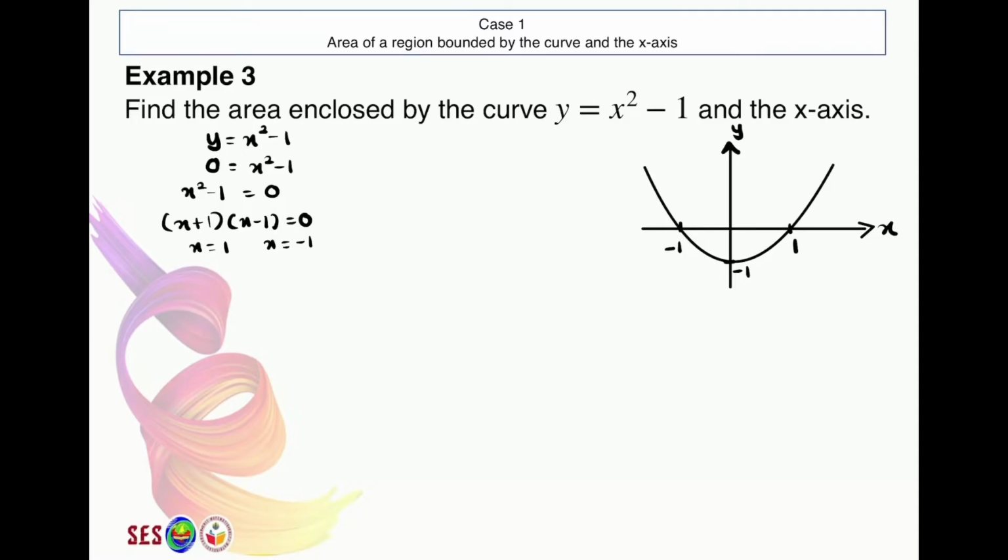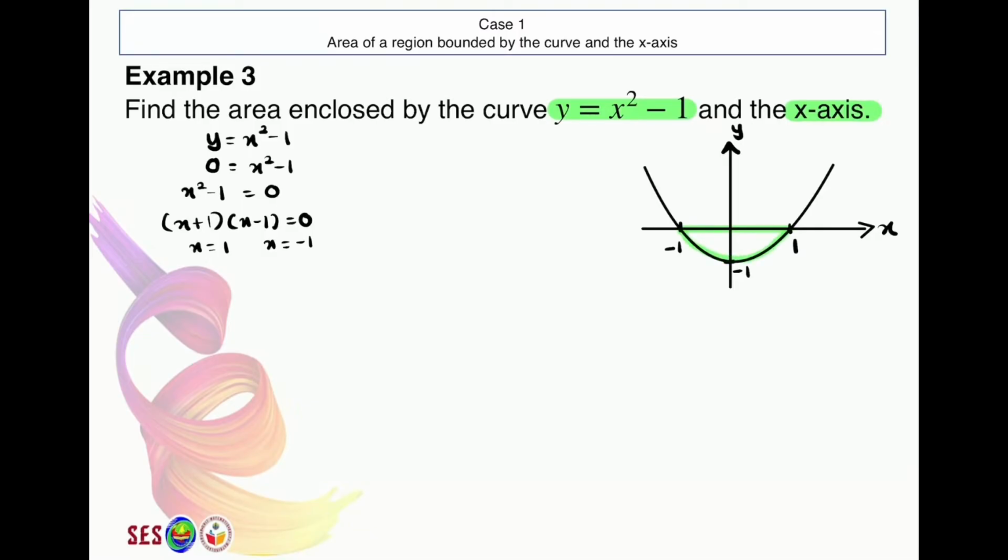Now that we have determined the boundaries, let's highlight them. This is the x-axis, as required, and the other boundary will be y equals x squared minus 1, which I'm highlighting here.